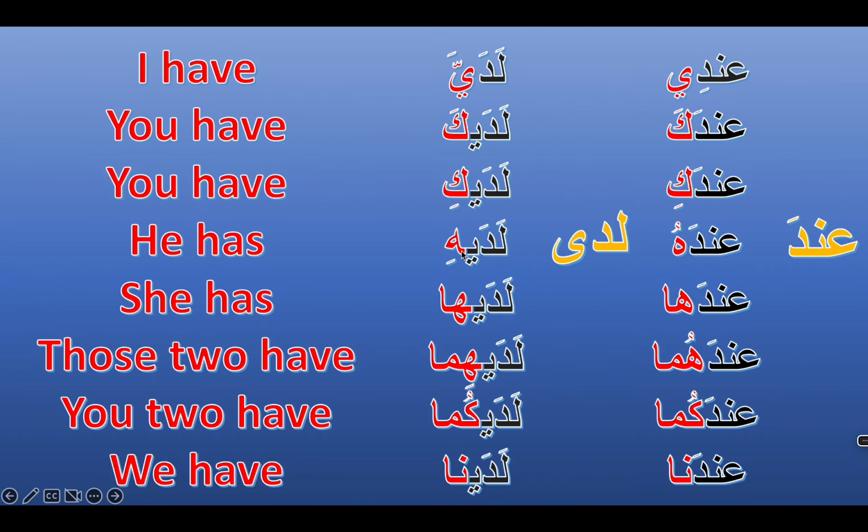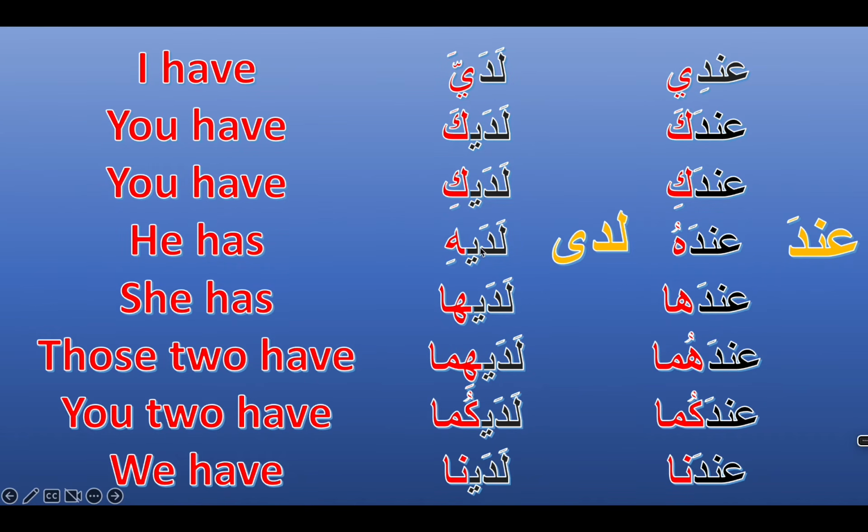So it's not ladayhu, it's ladayhi, because the last sound is an e sound. However, in anda, the last sound is a fatha. It's not an e sound, so we add the default hu, so indahu. But ladayhi, because the last vowel sound is an e sound.